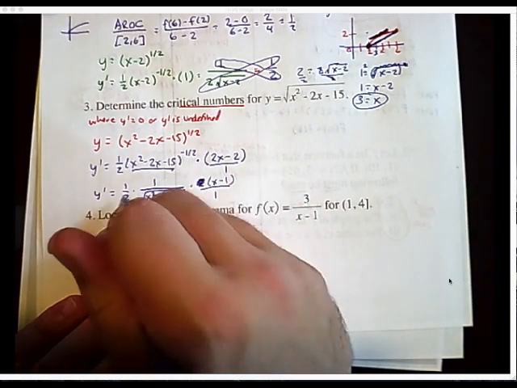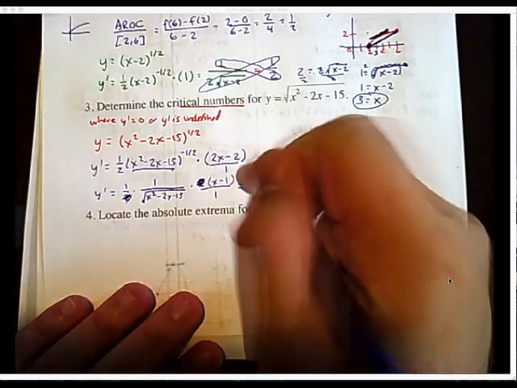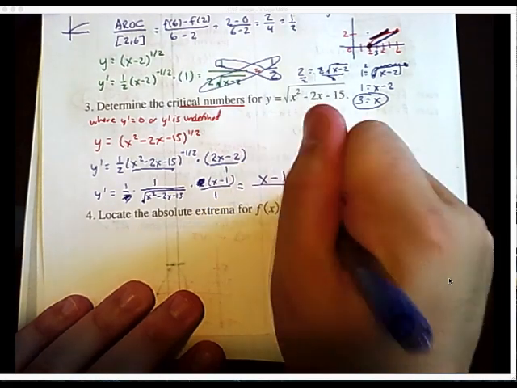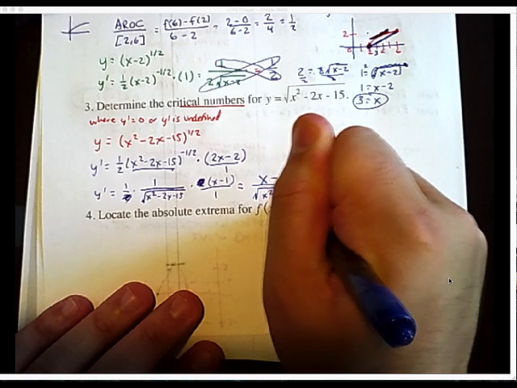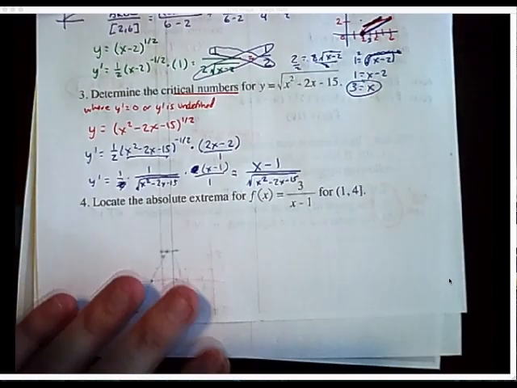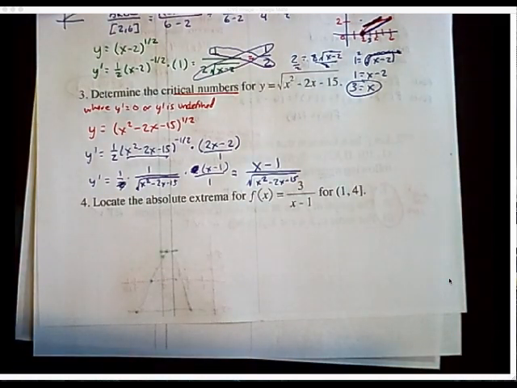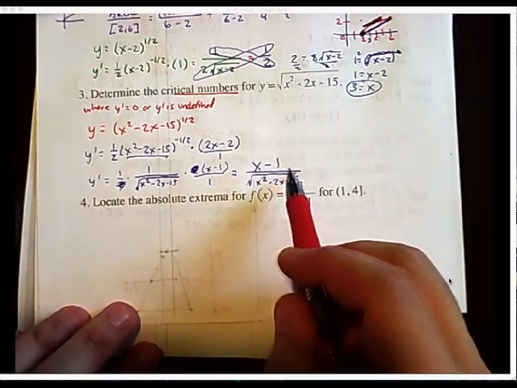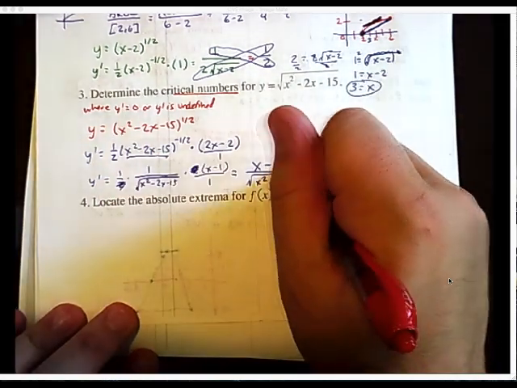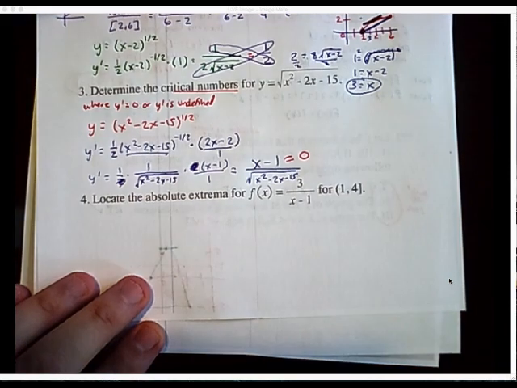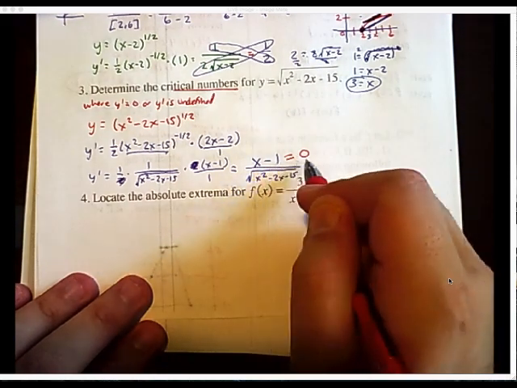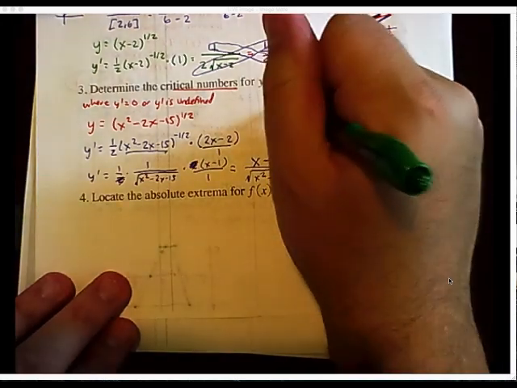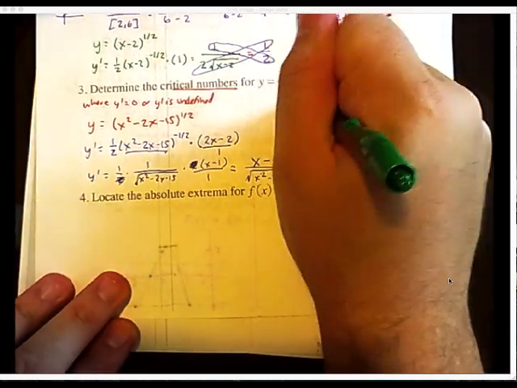Well, this 2 can cancel that 2. So you're left with a derivative of x minus 1 over the square root of x squared minus 2x minus 15. So here's the derivative. How am I going to figure out where it equals 0? It's where the numerator equals 0, because if the numerator is 0, the whole fraction is 0. What number minus 1 would give me 0? X equals 1 is a critical value.